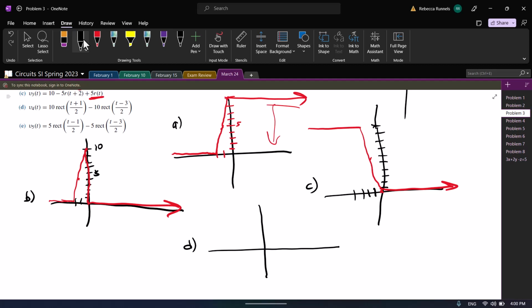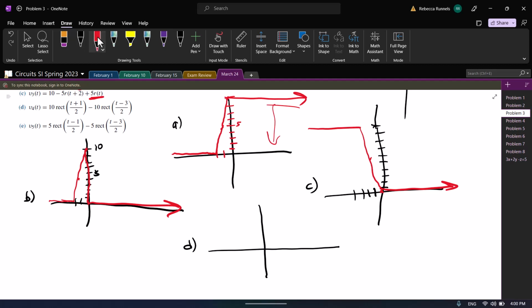So t plus 1 means -1. That means we're going to have our rectangle at -1. The number in the denominator tells you how wide the rectangle is, and the number in front tells us how high it goes.